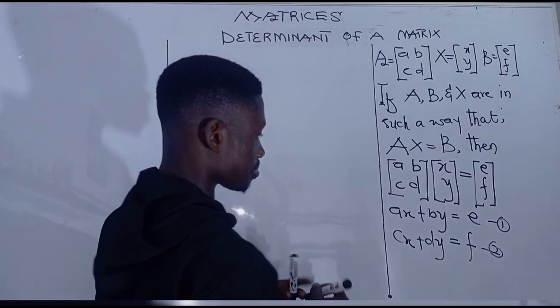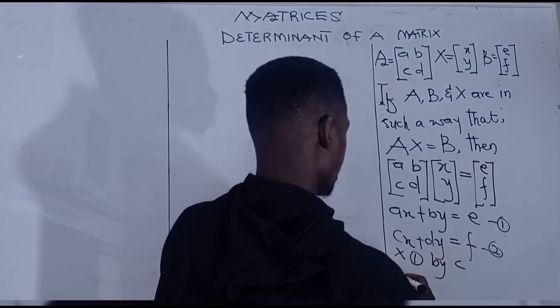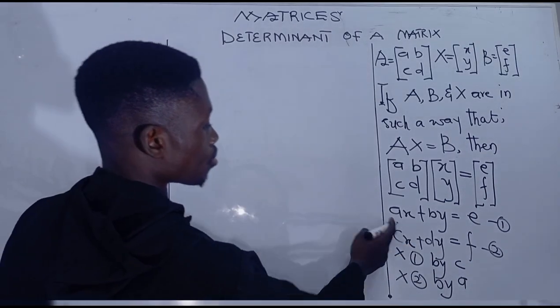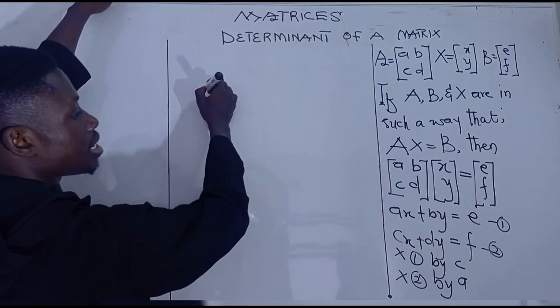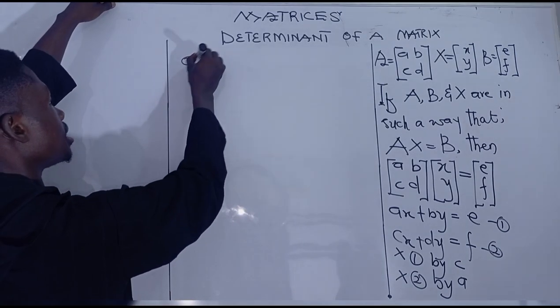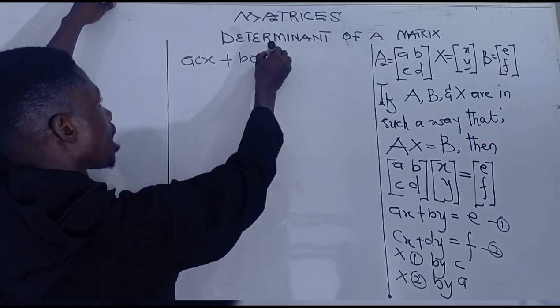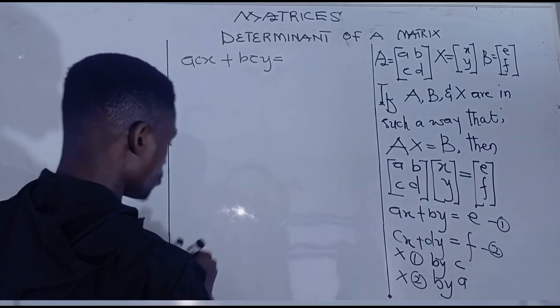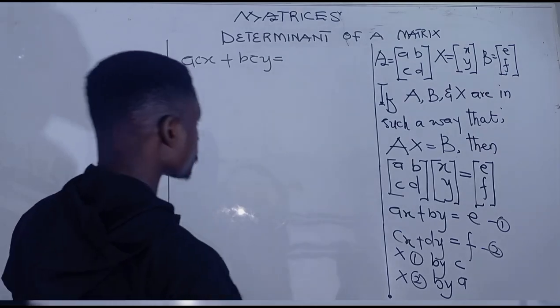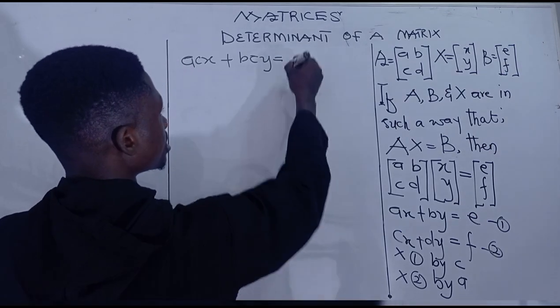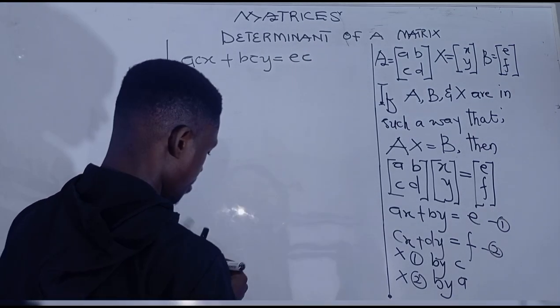Equation 1 multiplied by C gives us ACX plus BCY, and that is equal to EC.